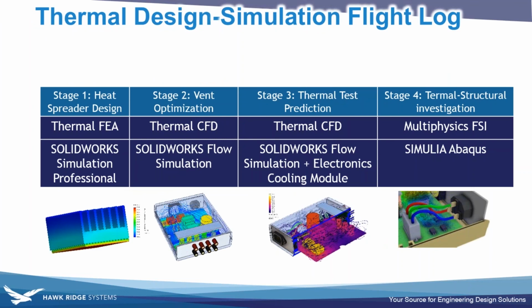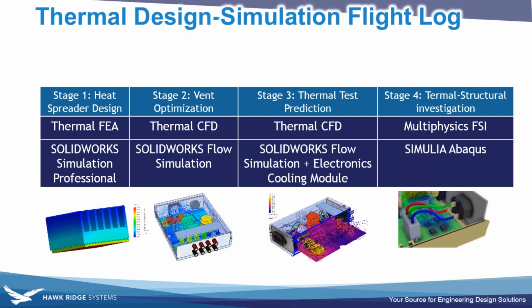There's also an available add-on module for SOLIDWORKS Flow Simulation. Some of you may be aware of it, called the Electronics Cooling module. That has a variety of features that enhance the realism and accuracy of things like the components on your PCB or the properties of the circuit board itself, or even handling things like heat pipes or electric current in a wire or a trace on your PCB.